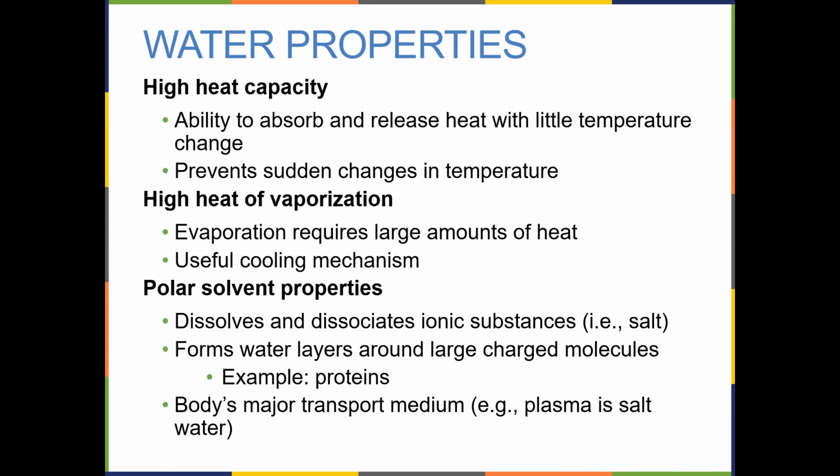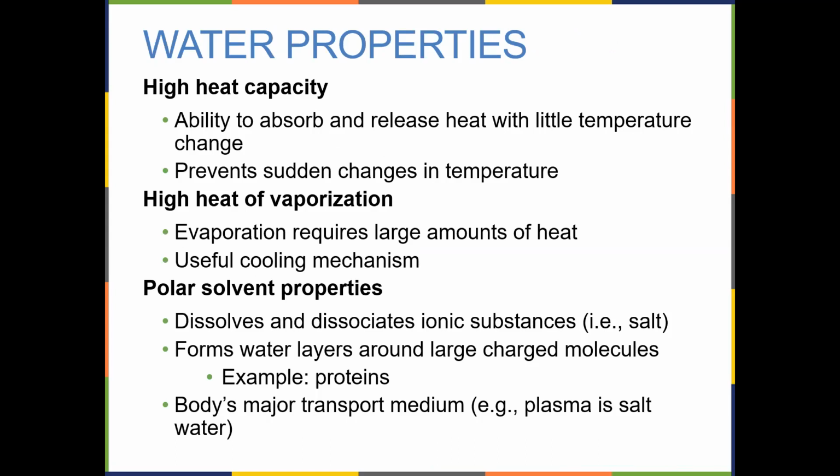Now, high heat capacity. We can maintain a constant body temperature no matter how hot we get because we perspire. It takes a lot of energy to make us hot, to raise our temperature.